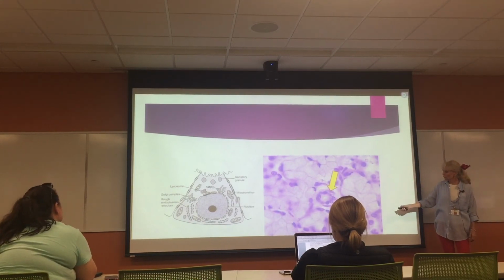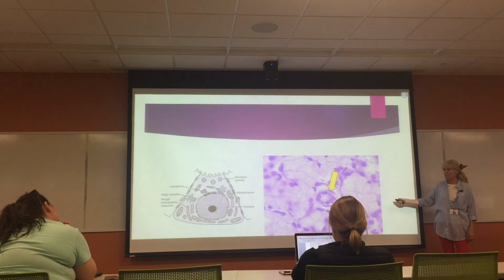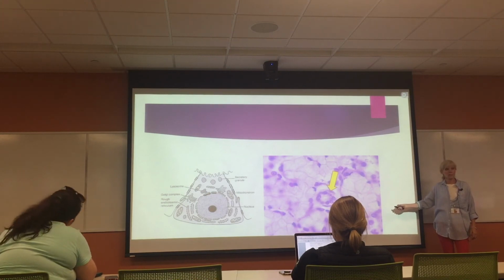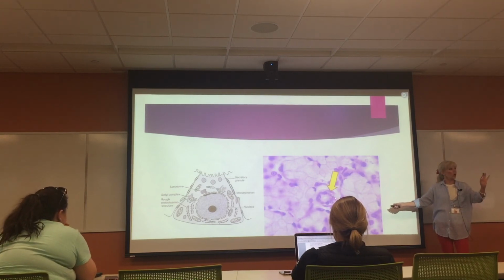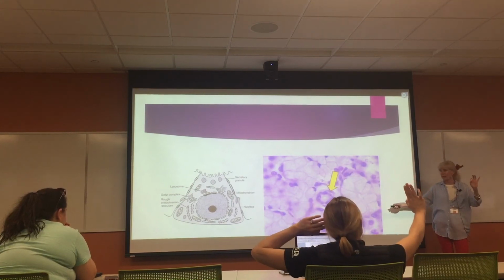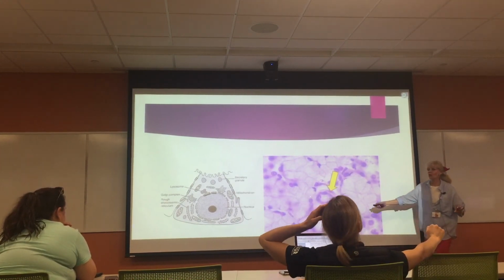So you see here, what is this? This is a mucous acinus, right? Put a circle around here. So what's this? Intercalated duct is always smaller than the acinus. And it's almost all nuclei.